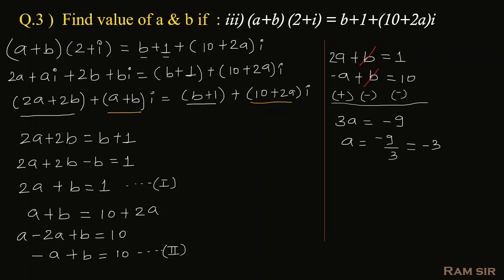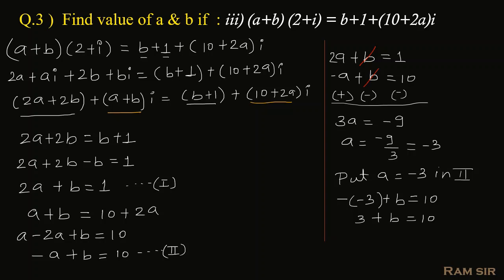Now in the next step, put a equal to minus 3 in any one equation. Choice is ours. So we are writing in equation number 2. If you write in equation number 2, instead of a, minus 3, we get minus of minus 3 plus b is equal to 10. So minus into minus gives you plus 3 plus b is equal to 10.